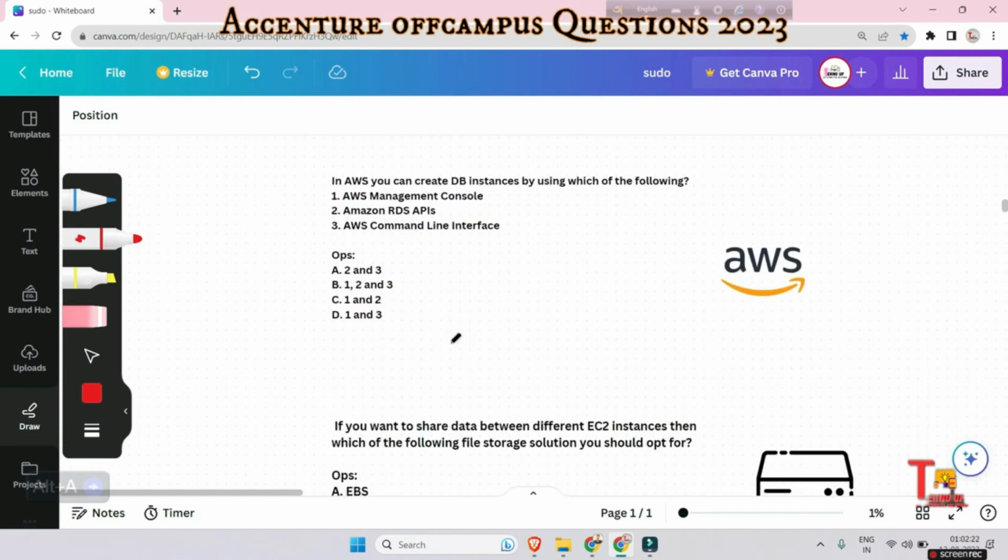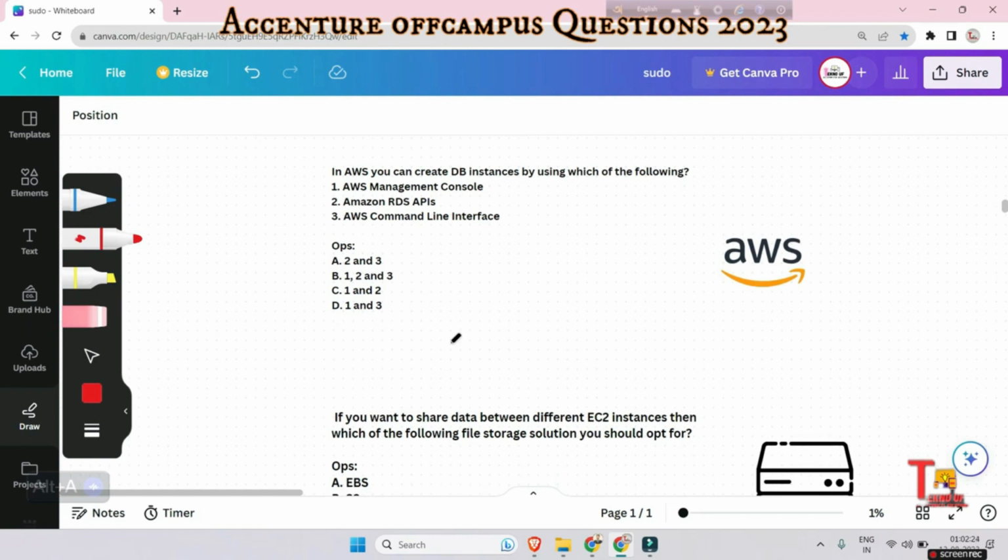So the next question is, in AWS, you can create DB instances by using which of the following? AWS Management Console, Amazon RDS APIs, or AWS command line interfaces. So opt among them. What will be the answer? The answer actually is 1 and 2.